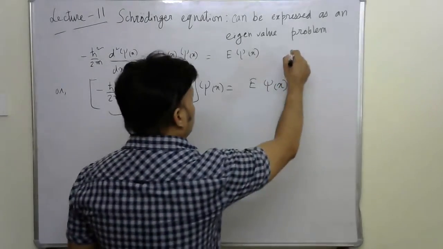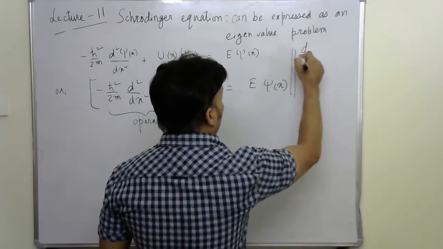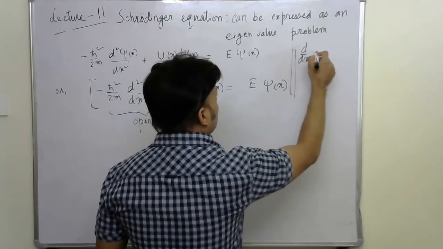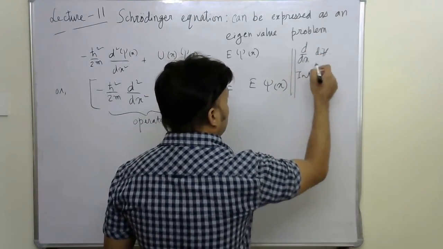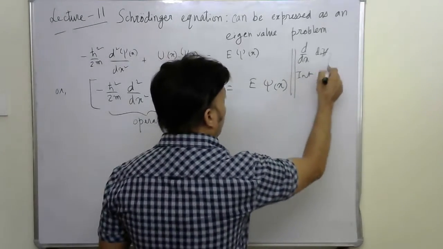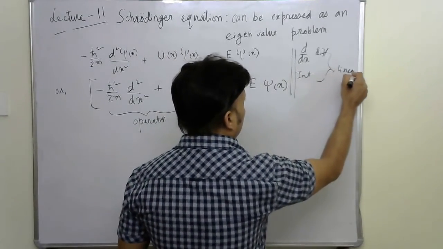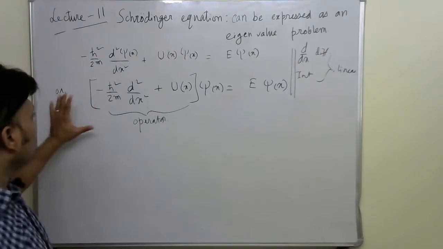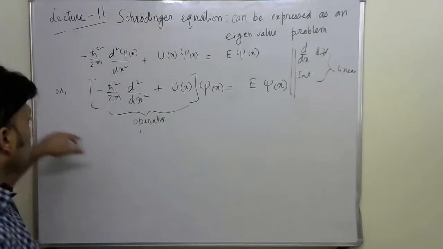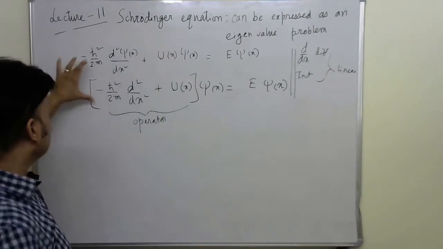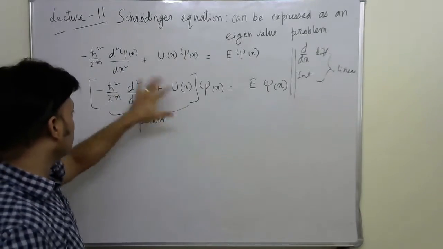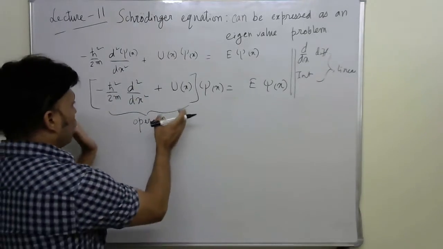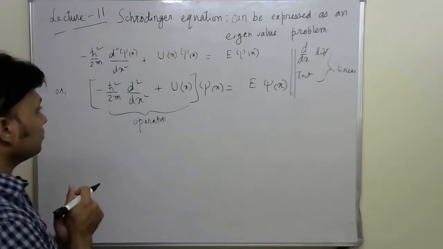Differentiation and integration operators are linear, and therefore we do not have any problem to represent these two operations, this plus this, as a whole single operator.